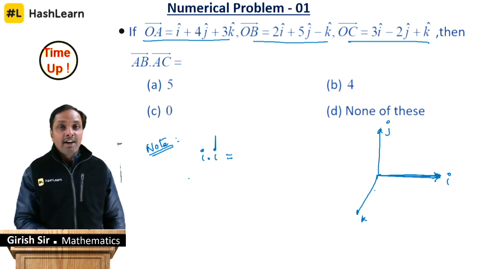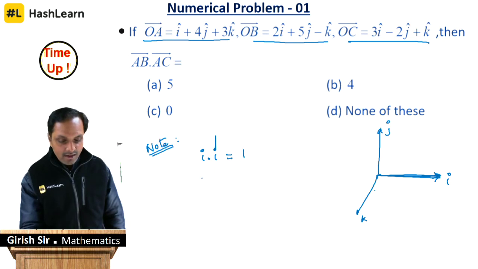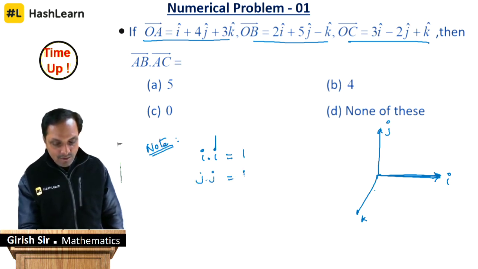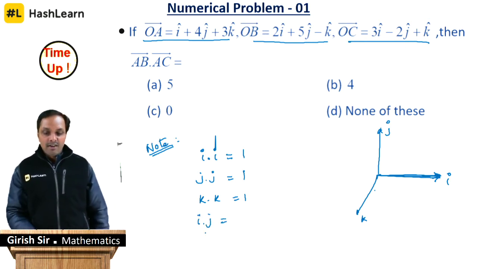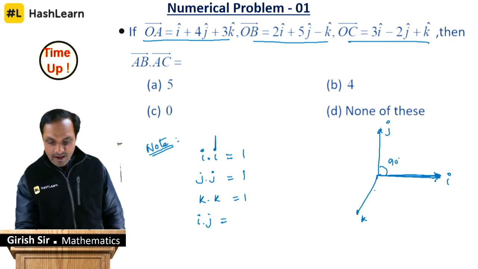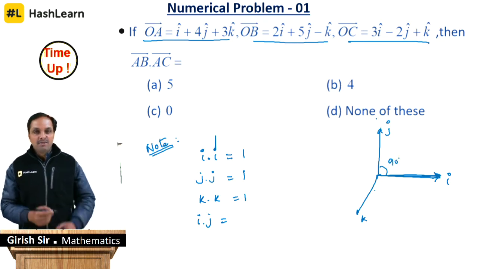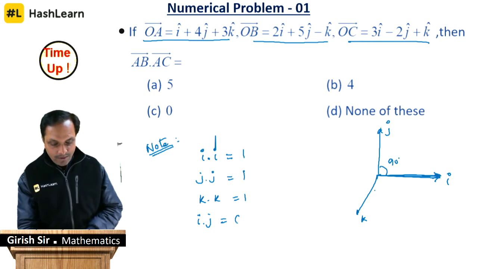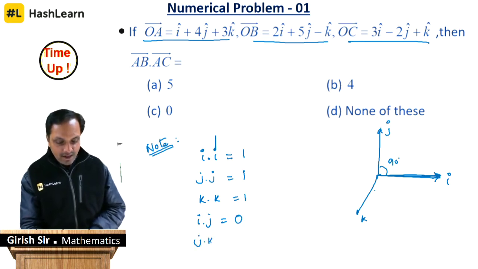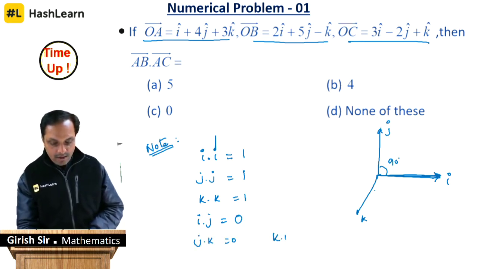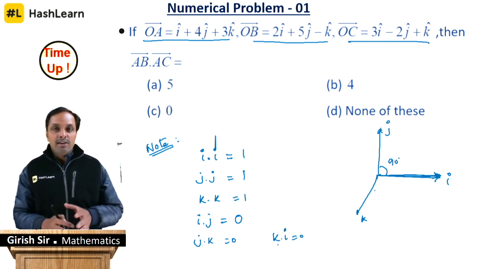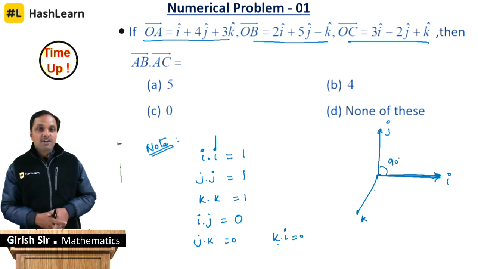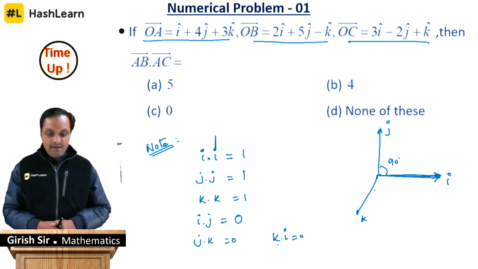So I dot I is 1, J dot J is 1, K dot K is 1. I dot J is equal to what? Very simple. I dot J means the angle between I and J is 90 degree, cos 90 is 0, therefore it is 0. Similarly, J dot K is 0, K dot I is also 0. So remember, I with I, J with J, K with K will give you 1, and I with J, J with K, K with I will give you 0.